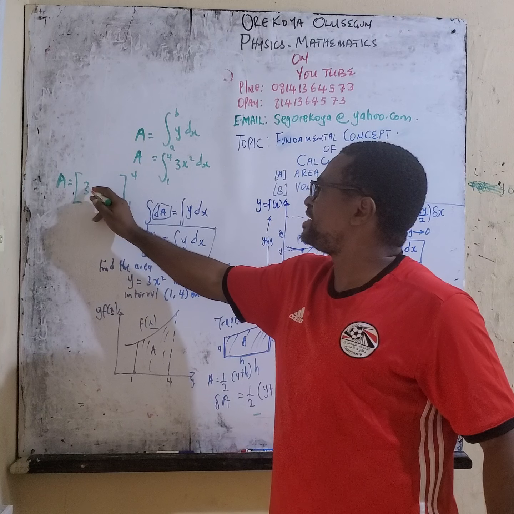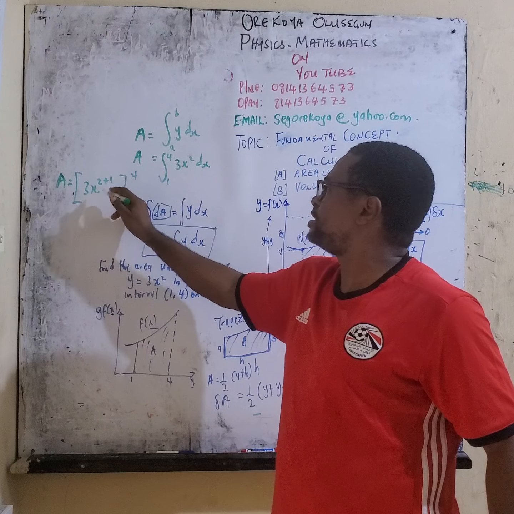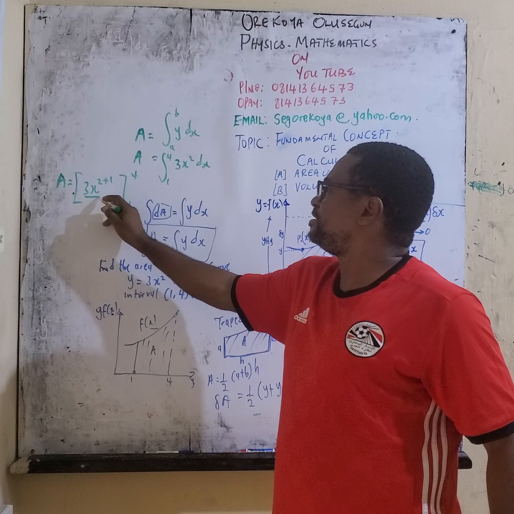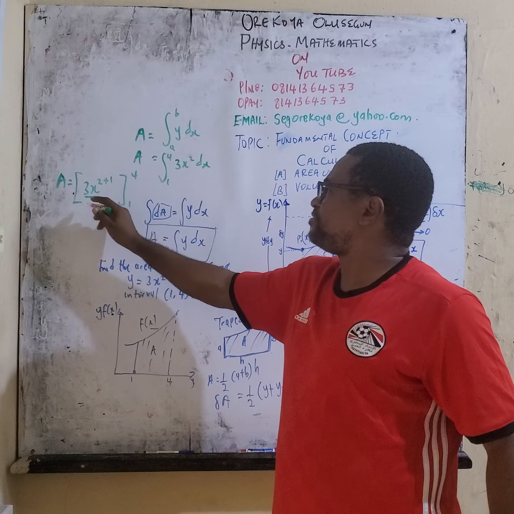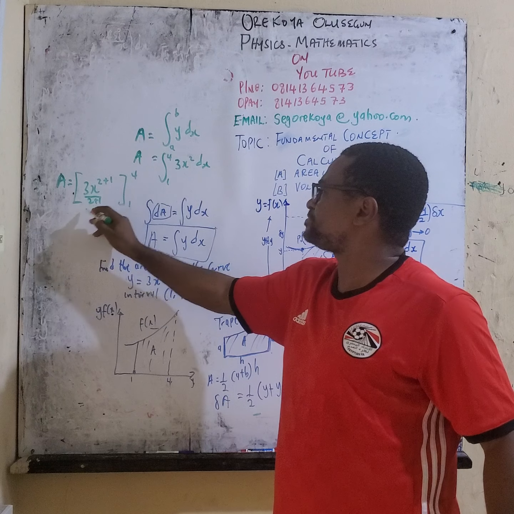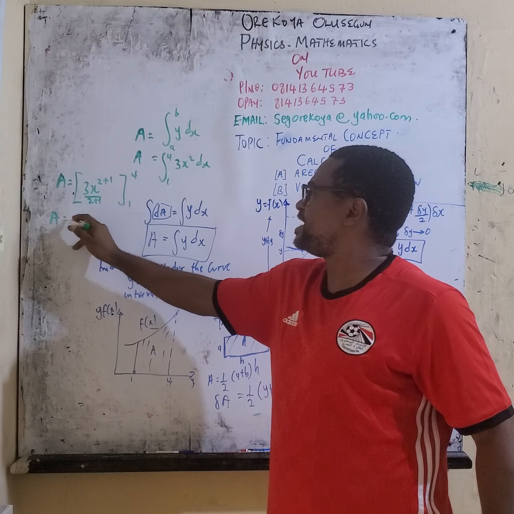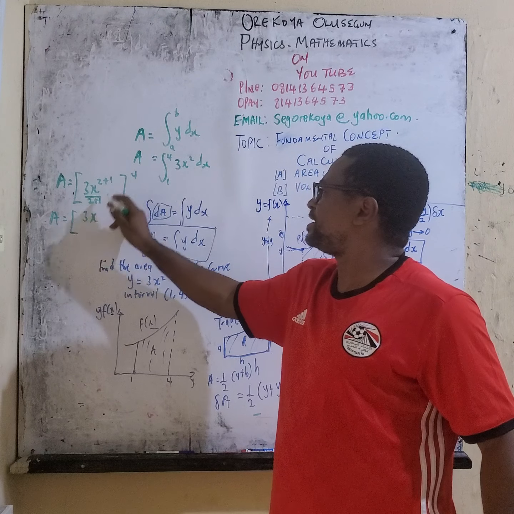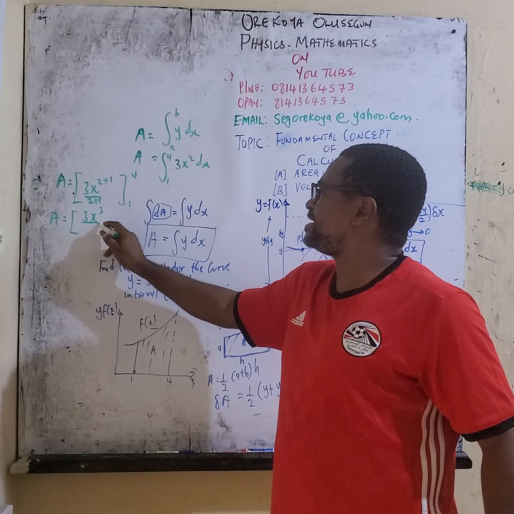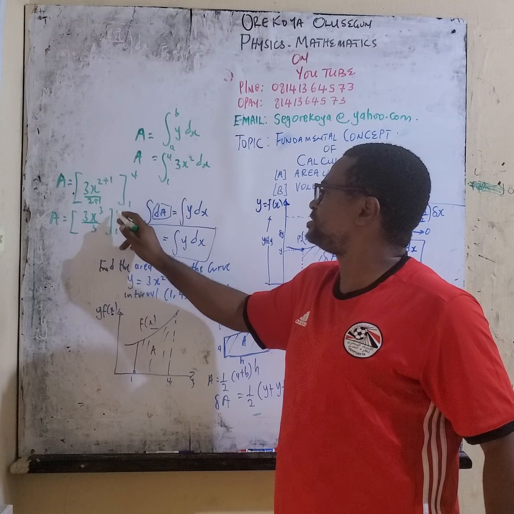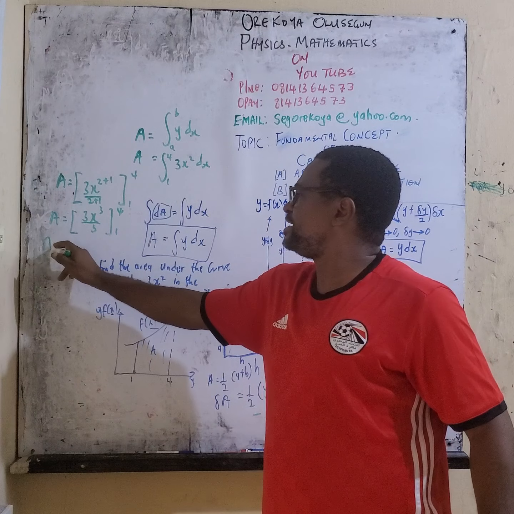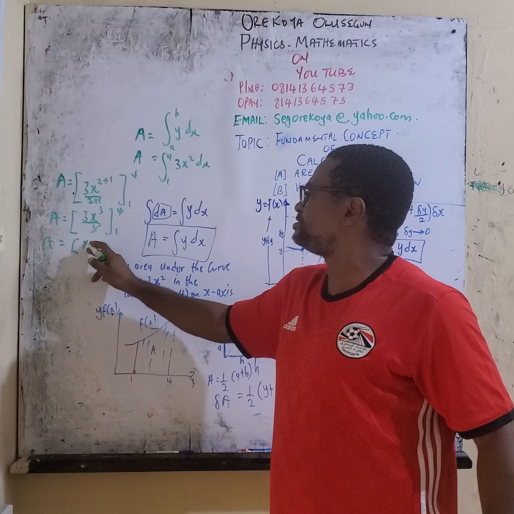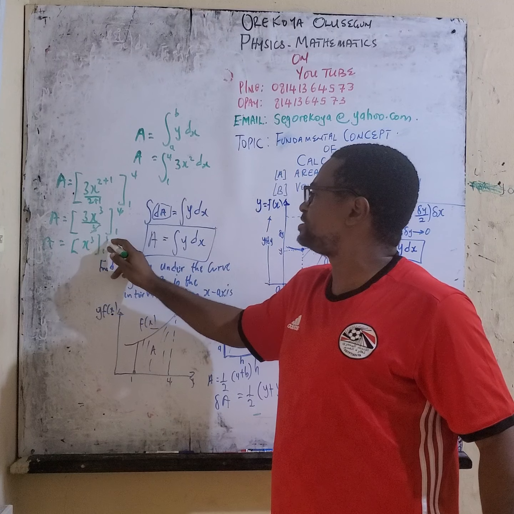So you have 3x raised to the power 2 plus 1, and you divide by whatever we have here, that is 2 plus 1. So I have the area now. This becomes 3x raised to the power 3 divided by 3 within the limits 1 to 4. Here, these 3 cancel these 3, so I have x raised to the power 3 in the limits 1 to 4.